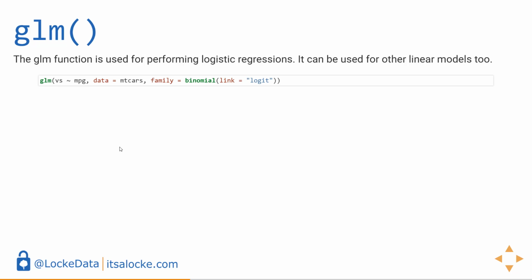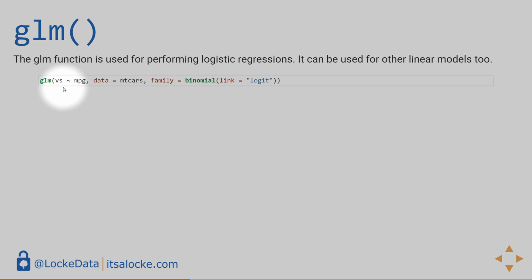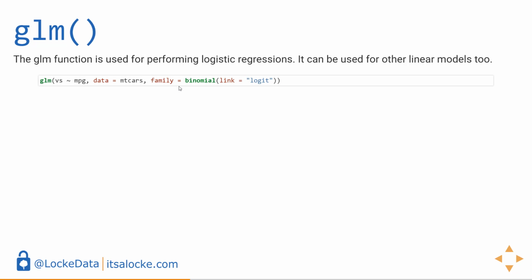So when we do that, we specify our outcome variable, our predictive variables, where the data is derived from, and then we say what family of linear model we want to run. So when we're doing something that is one or the other, it's a binomial outcome, and the link function is how it goes from that binomial outcome to our linear variable, our linear prediction. So we tell it that the link function is using that logit.